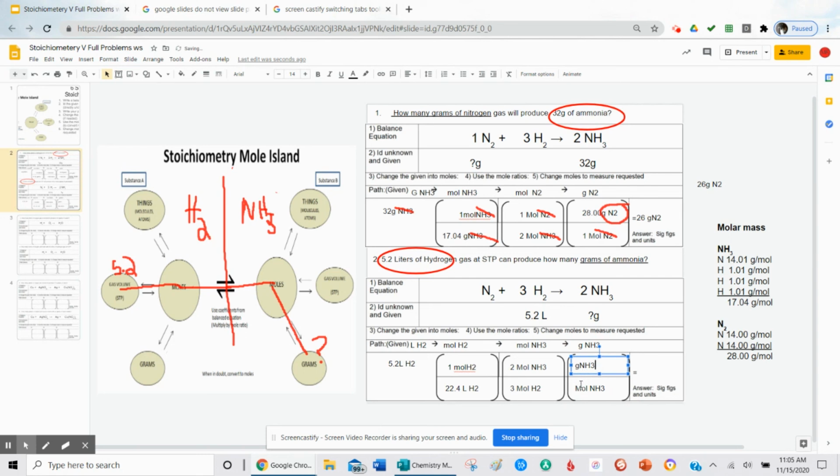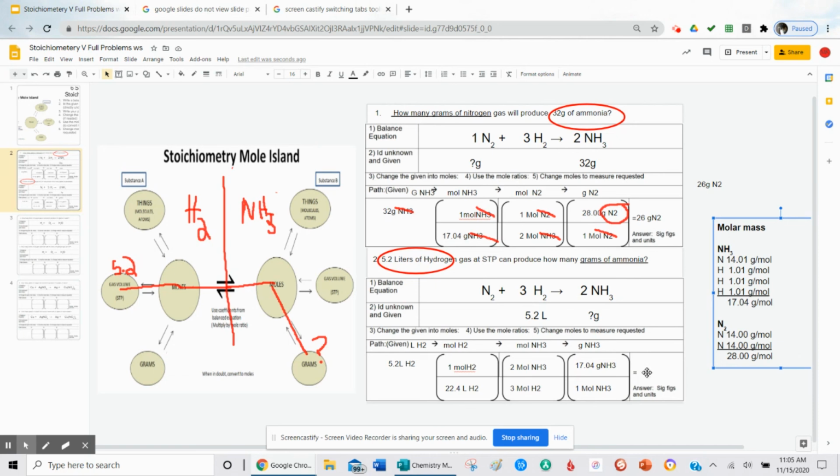And where do I get that? Well, for every 1 mole of ammonia, it is true that I have 17.04 grams from my periodic table when I add all that up. And that is right here for you to review.